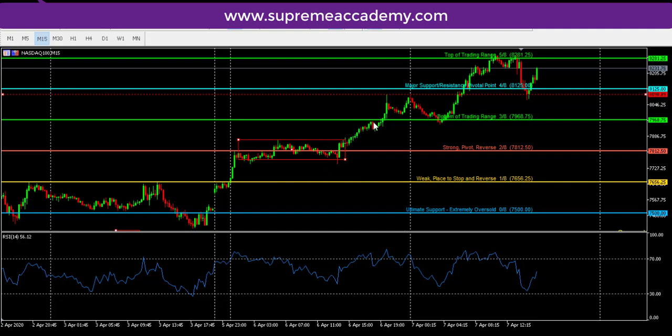What you look for, you just wait for the market to come to this level. If it confirms with the RSI, you trade. The other option is you can just use the indicator itself without the RSI. But if you find a trade that confirms with the RSI and Fibo, that is your trade.